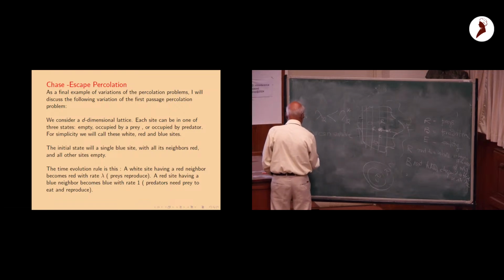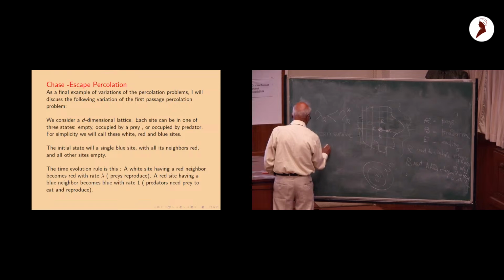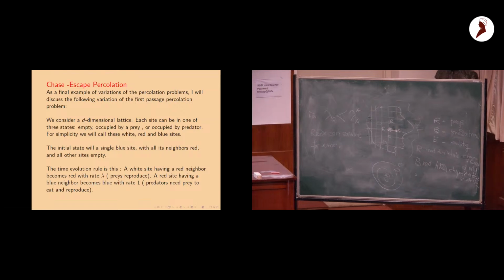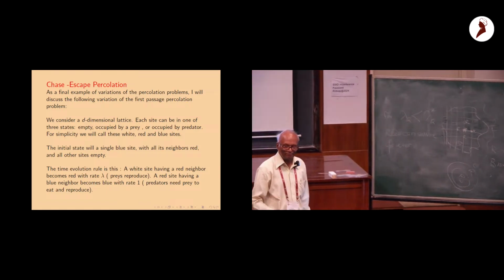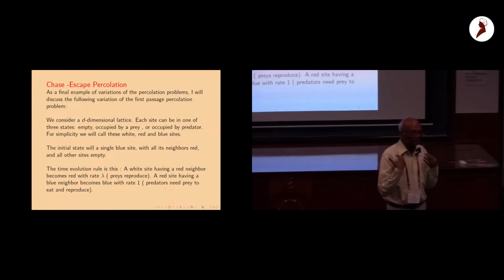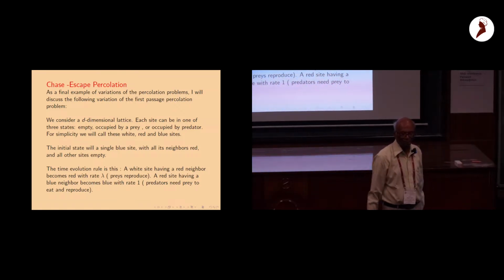So I think this notion, I've written it down like this: reds can survive forever. No particular red survives forever. Eventually, that guy is eaten up by a blue, but his children survive. So that is good enough for me. I don't have to survive myself so long as my children survive. So some or the other red survive. That's what is meant by red survive. It means there are some red sites even at very large times.